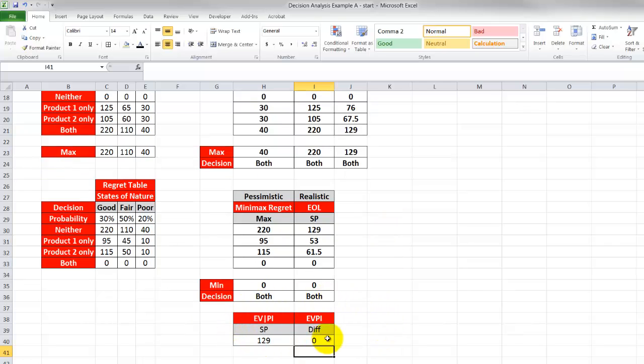What this is essentially telling us is, are we willing to perhaps pay a consultant for extra information regarding these payouts and redefining these probabilities? So maybe if we spent some more money and some time on this, we would have a consultant make sure that this is 30, 50, and 20.